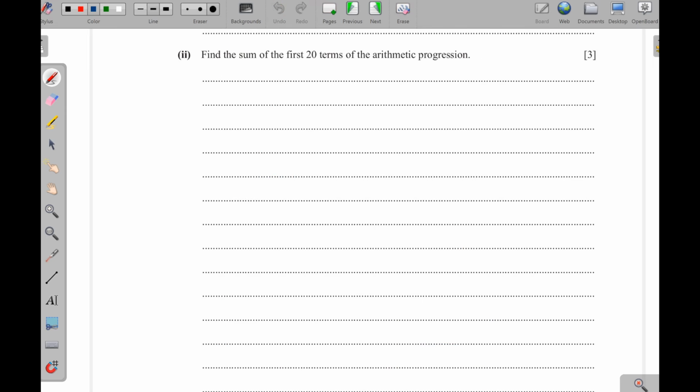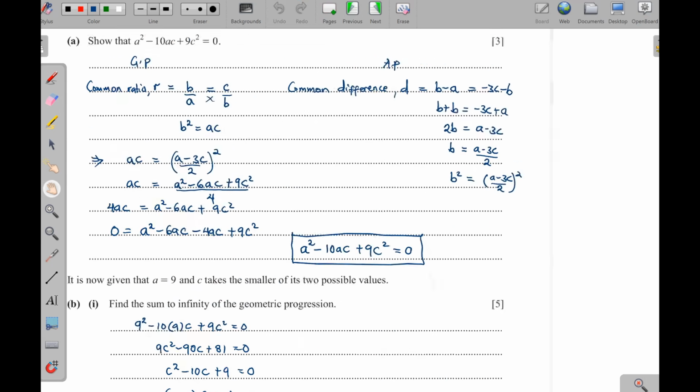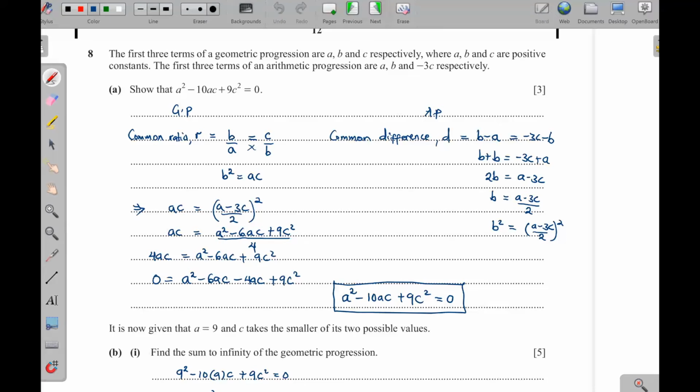Then Roman 2, find the sum of the first 20 terms of an AP. Now, we need to get an A, and I think it is the same. The first term of the AP is this, the A. Then we need to find the common difference.